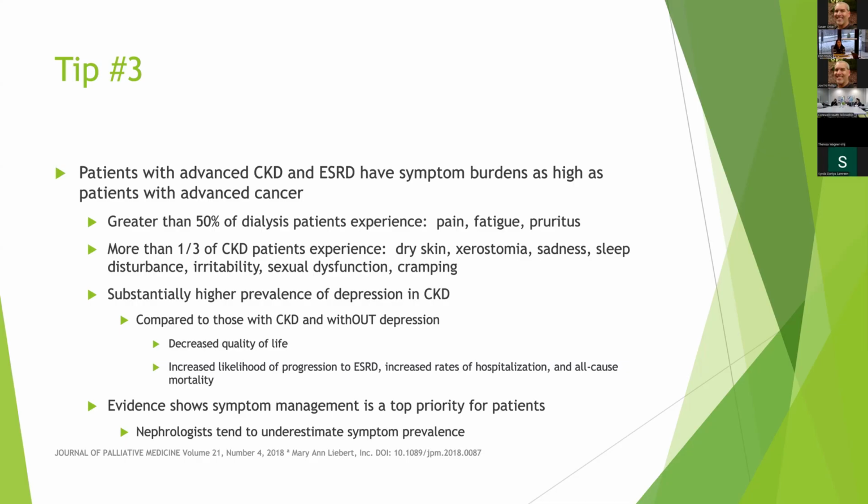The other symptom to be particularly mindful of is depression. So there's a substantially higher prevalence of depression in chronic kidney disease compared to other comorbid conditions. And I thought that this was just really fascinating. So if you take two groups of people, one with chronic kidney disease without depression, and the other group of people with just chronic kidney disease and depression, those with depression are going to have decreased markers of quality of life.